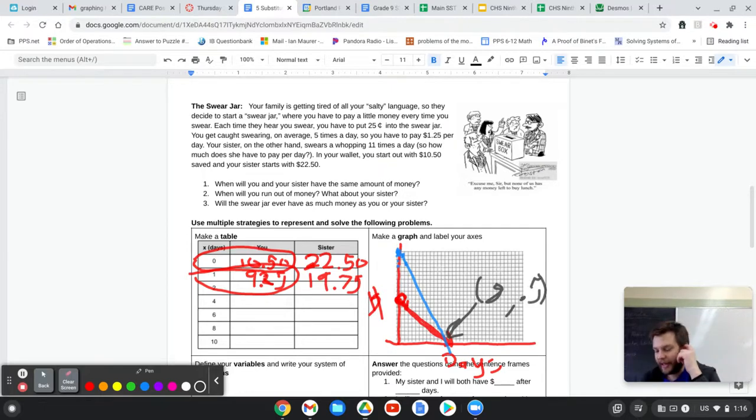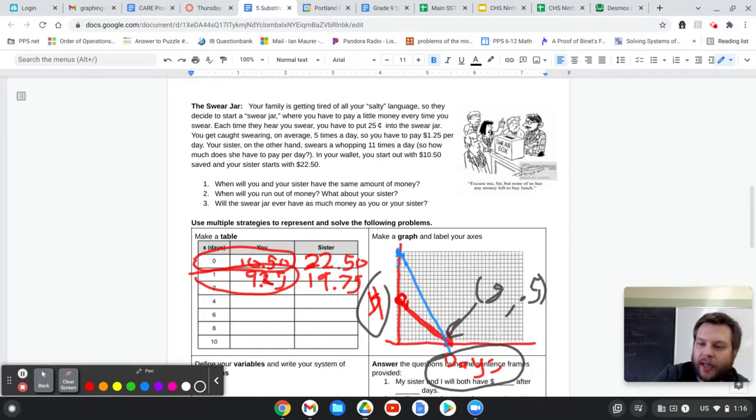And what does that represent? The 8 comma 0.5 represents X's days. So after 8 days, we both have $0.50. After 8 days, both my sister and I have 50 cents left over. And you can see that as the crossing point on our graphs.